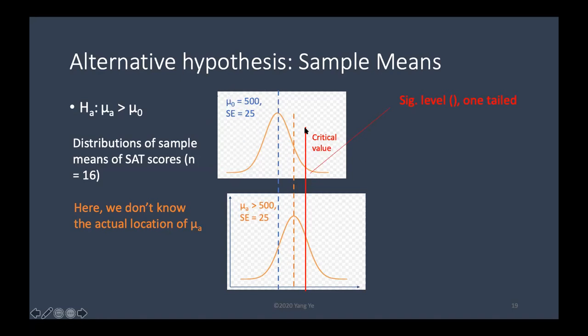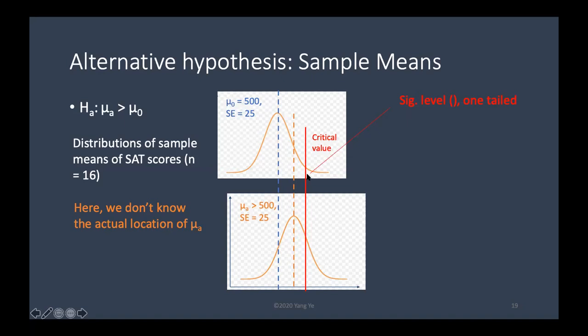And if we extend that into the alternative hypothesis or to the population of our college population, you see that this critical value also cuts the distribution of the sample mean for our college population into two sides, okay?